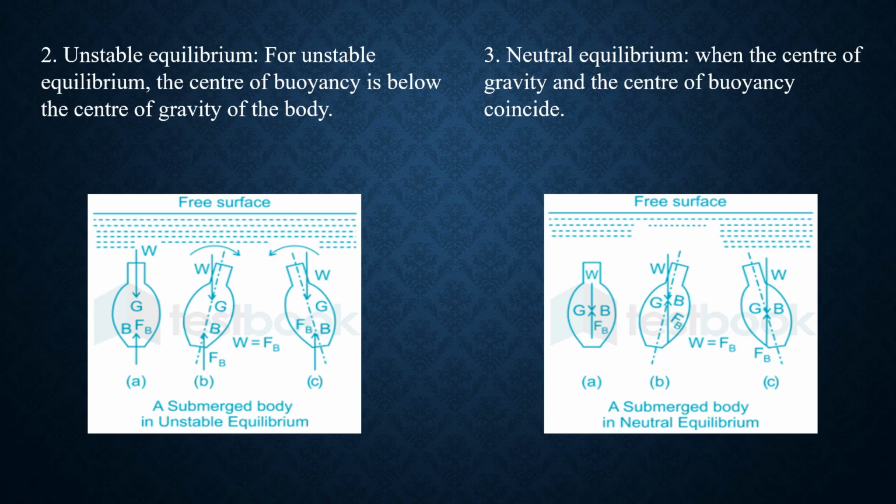And in case of stability of a submerged body, in stable equilibrium the center of buoyancy is above the center of gravity. In unstable equilibrium, the center of buoyancy is below the center of gravity. And in neutral equilibrium, the center of gravity coincides with the center of buoyancy.